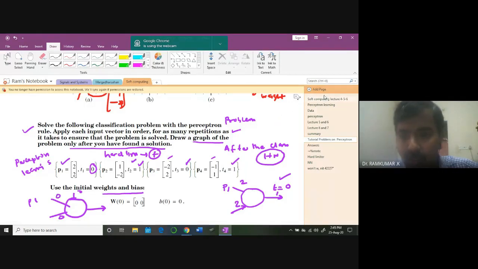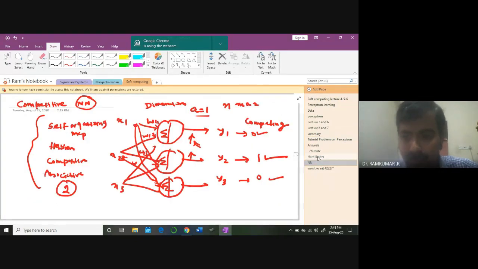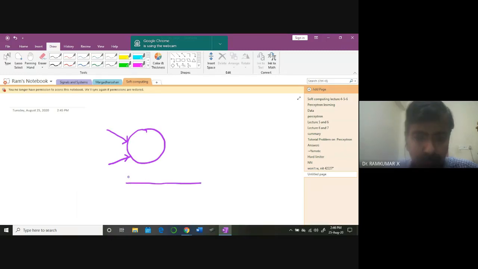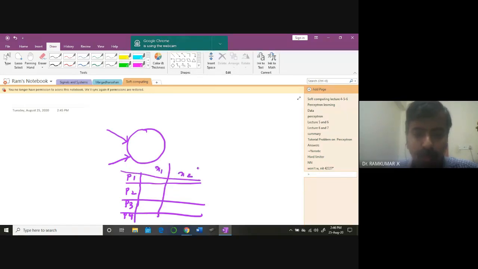You need to train a neural network with 2 inputs and 4 patterns. These are all the X1, X2 values, and the corresponding target is also different. Are you getting my point? So this data set is given to you and you are expected to train a perceptron.